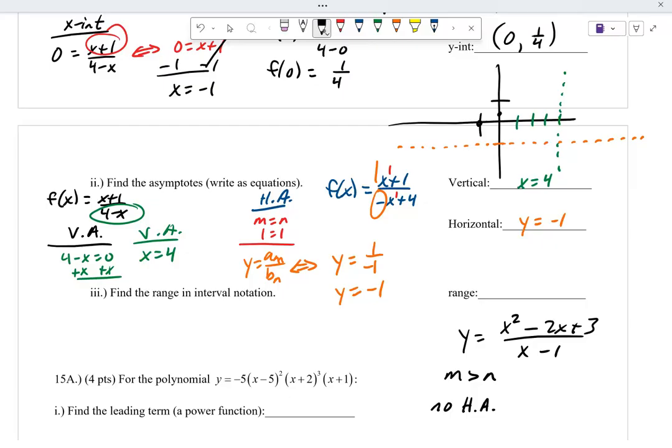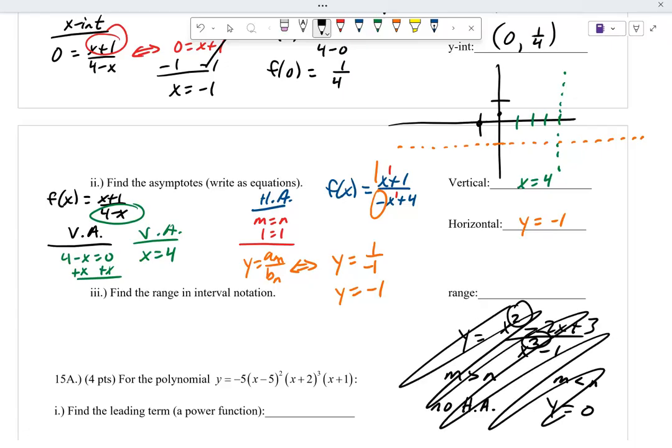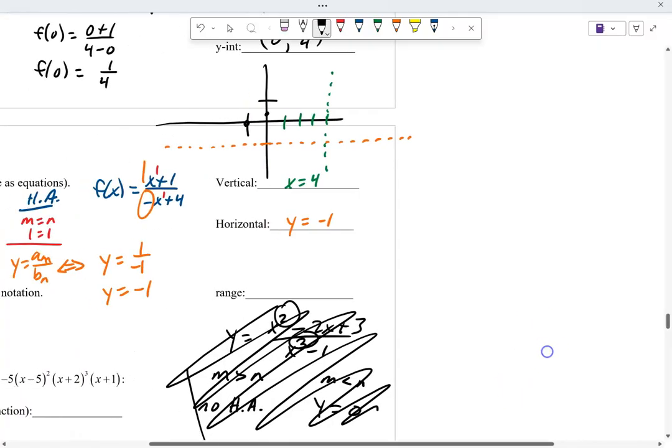If the degree of the top is less than the bottom, so like let's say the bottom was x cubed, right? The degree of the top is less than the bottom. You know what? Now that I think about it, I think I used n and m. So sorry about mixing those up. I think I used n for the degree of the top and m for the bottom. But anyways, if the degree of the top is less than the bottom, it's automatically y equals 0. And it was those 3 rules to find our horizontal asymptotes.